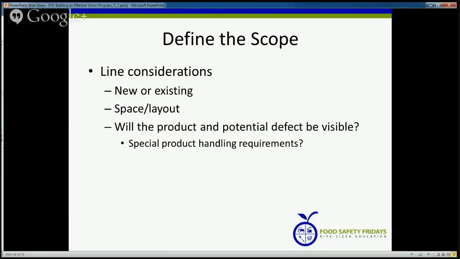Do you have enough space on your line for this inspection? Do you have a new line or is it an existing line? Will the product that you're inspecting and potential defect be visible at the point of inspection, or would you need potentially special product handling to take place in order to present the product in a way that it can be inspected visually?